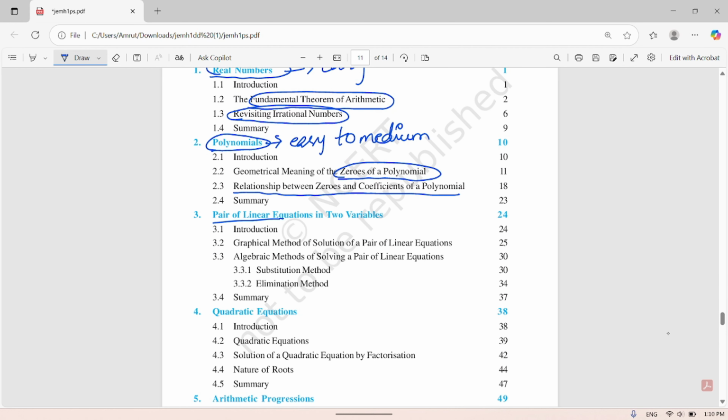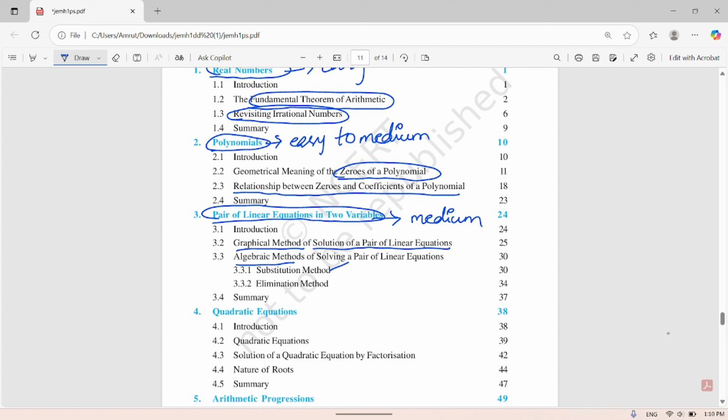So the third one is pair of linear equations in two variables. This comes under, we can tell you, a medium level. Why this is a medium level is that you have a graphical method to find a solution, which is the easy topic in this one, and then you will be having some algebraic methods.